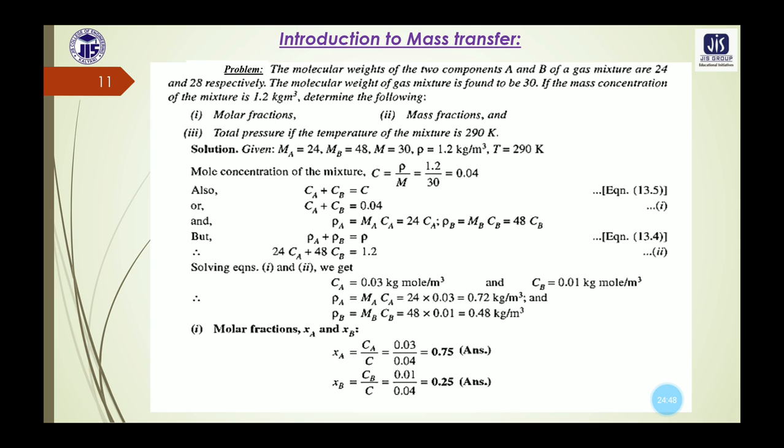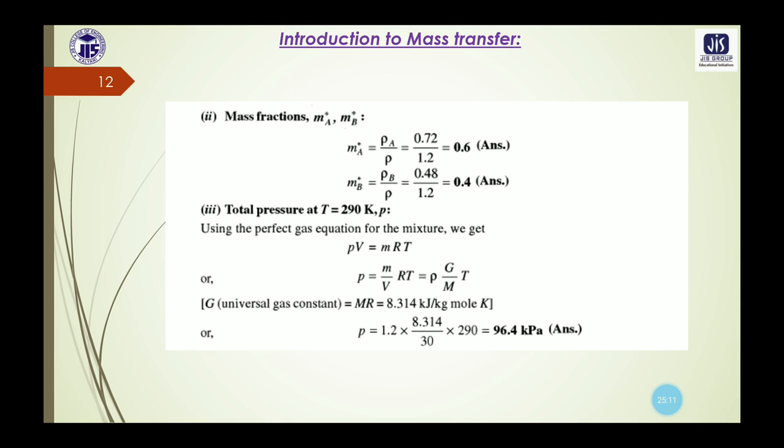So Xa equals 0.75. Next, the molar fraction for species B, Xb, equals Cb by C, and the value we get is 0.25. So this is the answer to the first part of this numerical, the calculation of the molar fractions.